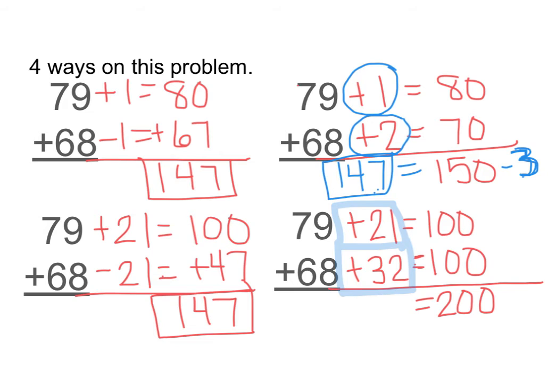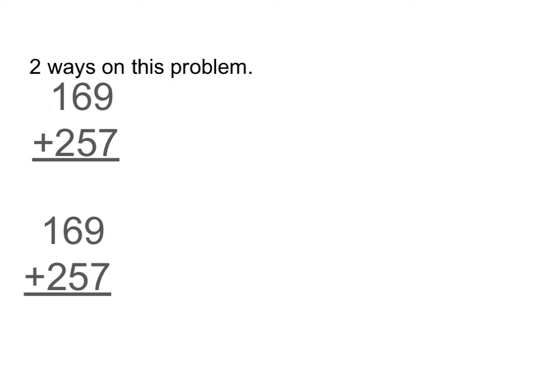So I now have to subtract that. So 21 plus 32 is 53. 53's partner is 47. So 147. I'm kind of just playing around with numbers today, kids, just to show you.